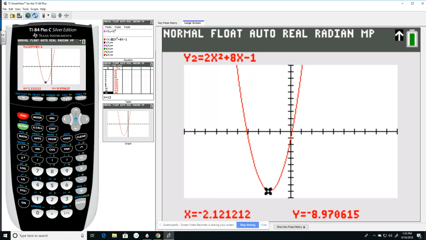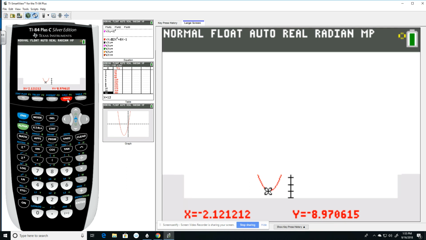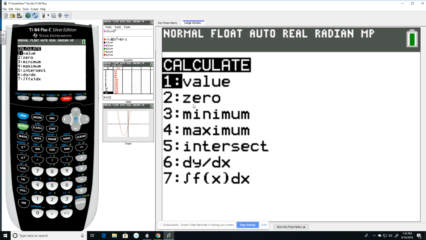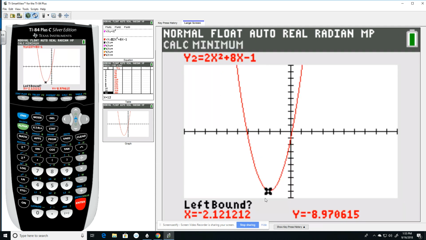There's another feature called calculate. If I hit second and up here it says calculate, one of my options, if I scroll down, says minimum, and it will help me find the smallest point on my graph. So I hit enter and it gives me this cursor and it says left bound. What that means is I need to pick a point to the left of my lowest point, and I hit enter. Now it says right bound. So now I need to go to the right of my lowest point and hit enter.